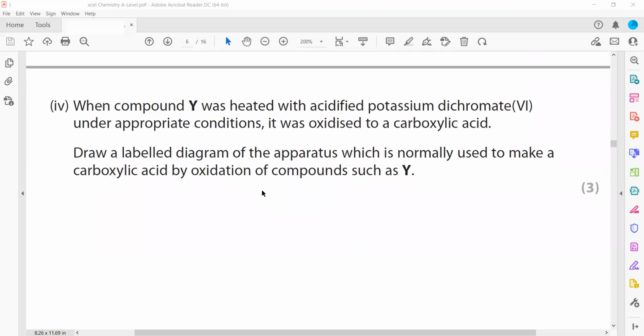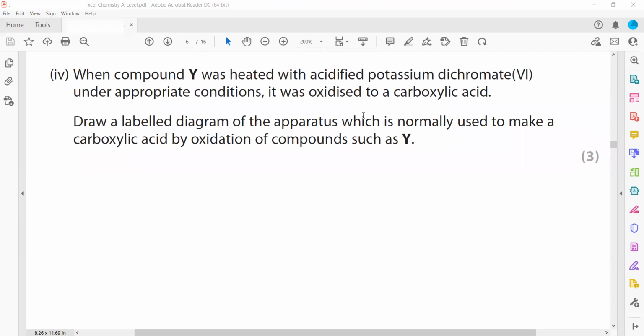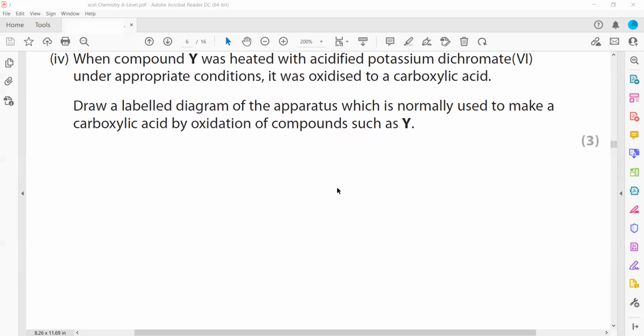When compound Y was heated with acidified potassium dichromate under appropriate conditions, it oxidized to carboxylic acid. So if it is a diol, it will produce a dicarboxylic acid. Draw a labeled diagram normally used to make carboxylic acid from alcohol.